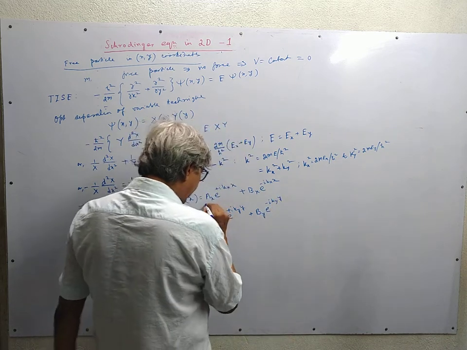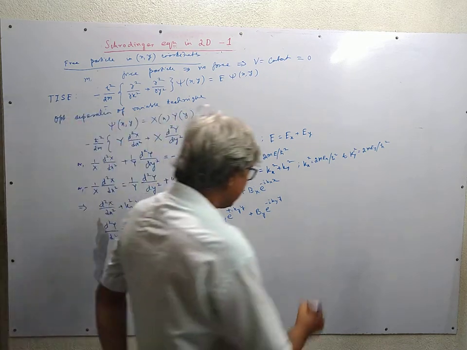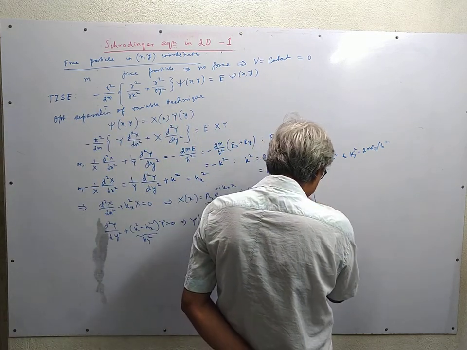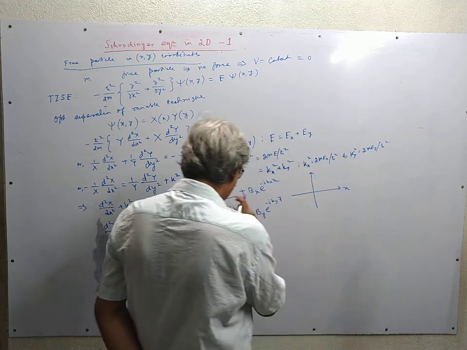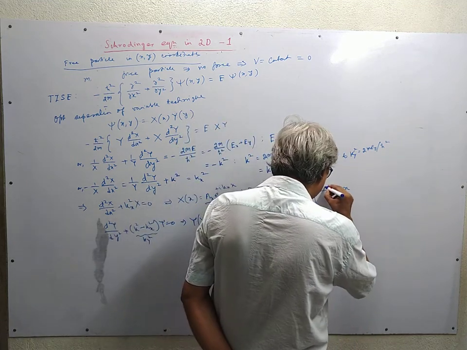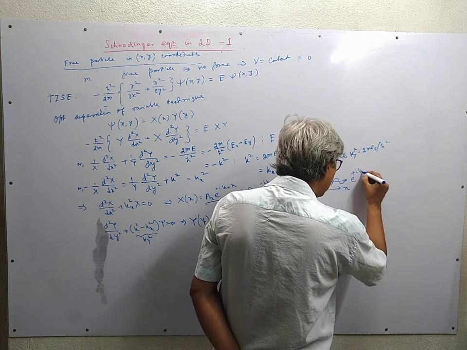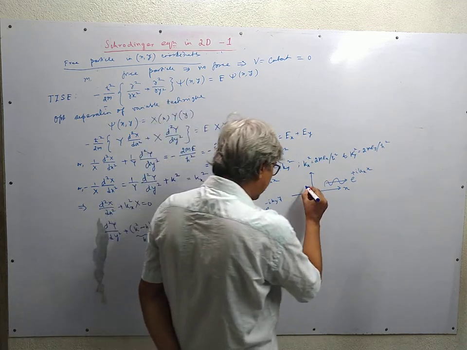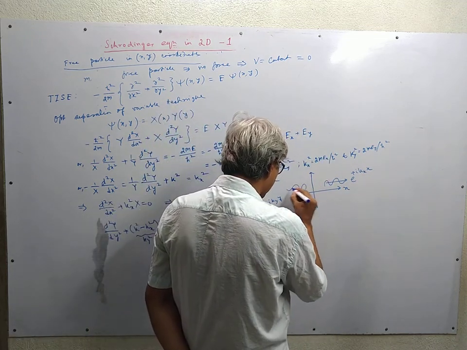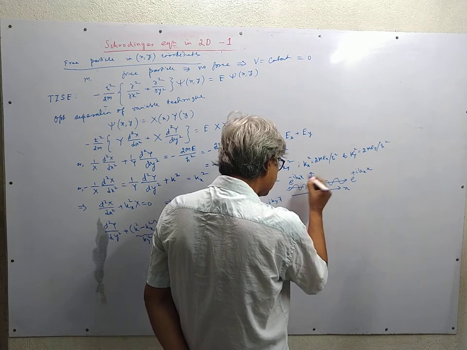What does it mean? It represents a plane wave moving along the positive x direction. So if we consider this is the xy coordinate system, a plane wave moving along this positive x direction is denoted by e to the plus i kx x. A plane wave moving along the negative x direction is denoted by e to the power minus i kx x.